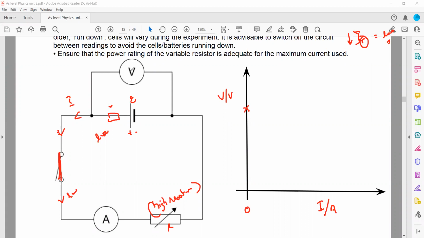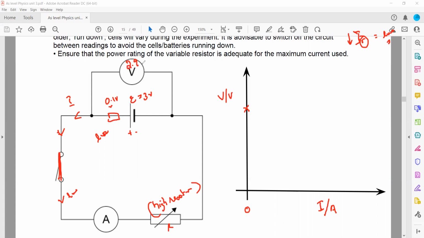The voltmeter will record not the lost voltage, it will record how much is left. For example, if the total EMF was 3 volts and 0.1 volt is dropped across the resistor, the voltmeter will not record 3 plus 0.1, because 0.1 is lost.